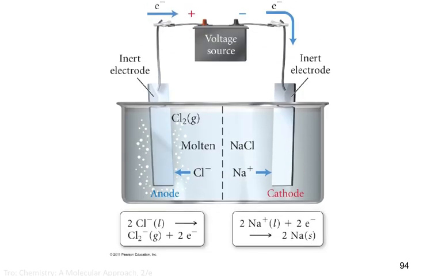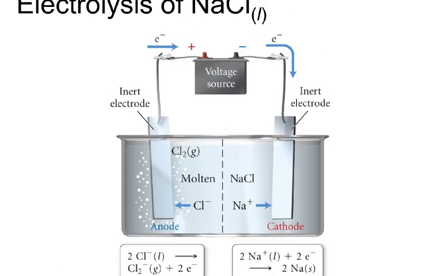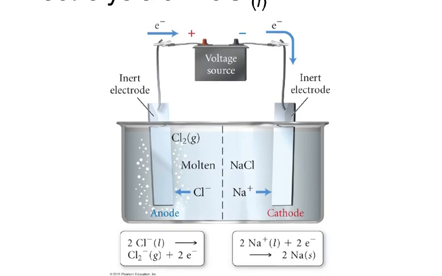Here's the picture. We have some molten sodium chloride. The chloride is oxidized to chlorine at the anode, and the sodium is reduced to elemental sodium at the cathode.